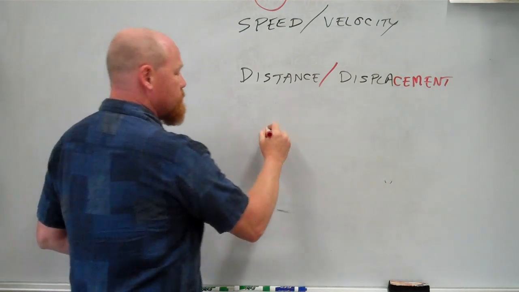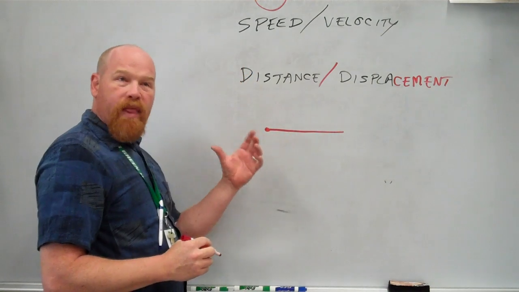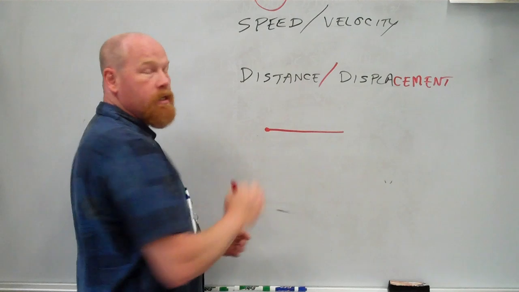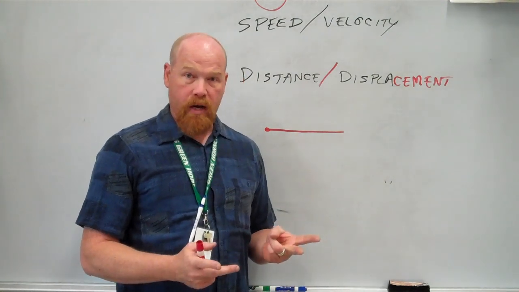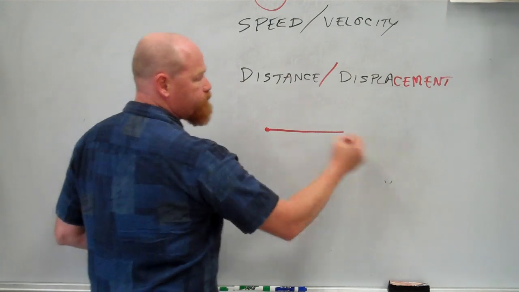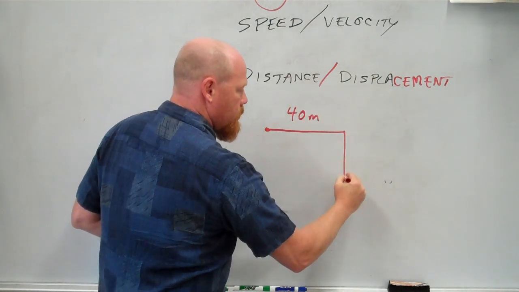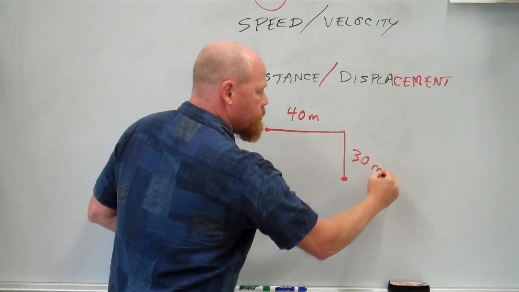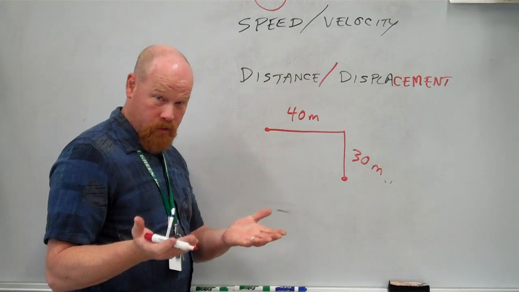So, distance. Distance would be your straight line distance without direction. So it's a scalar. Scalars don't have direction. Vectors do have direction. You remember those, right? We'll talk about a list of vectors in a minute. So if you went 40 meters, 30 meters, your distance would be how much? 70 meters.